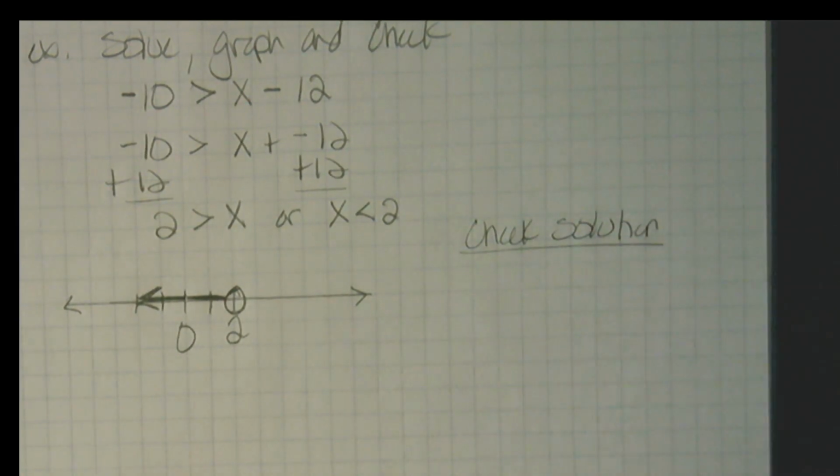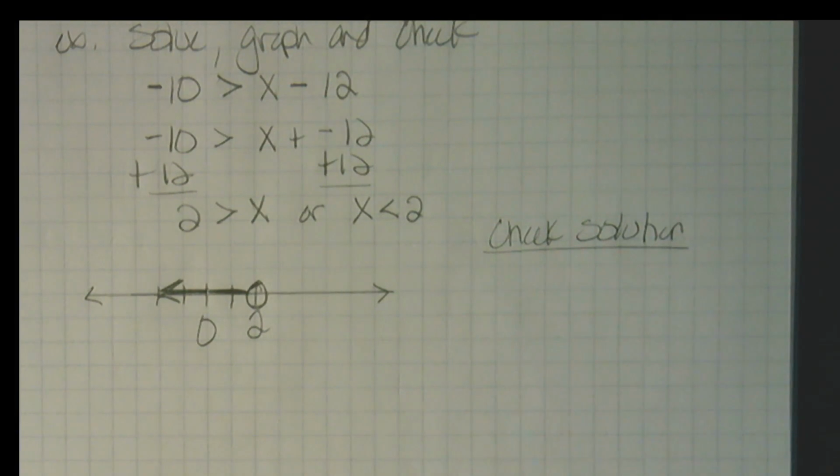This is much different than checking a solution to an equation. If this was an equation, negative 10 equals x minus 12, and we got x equals 2, how would you check that solution?